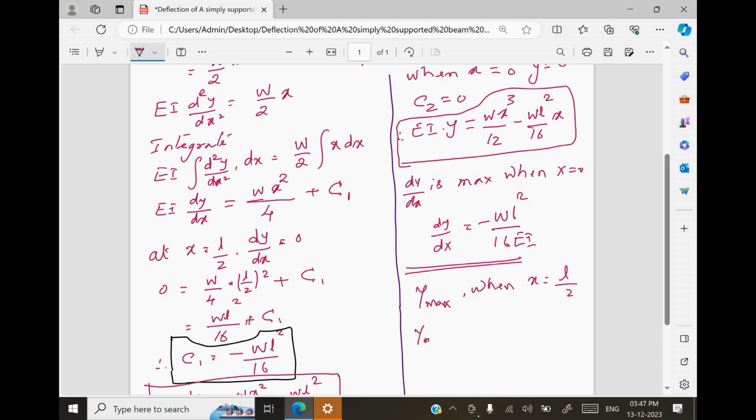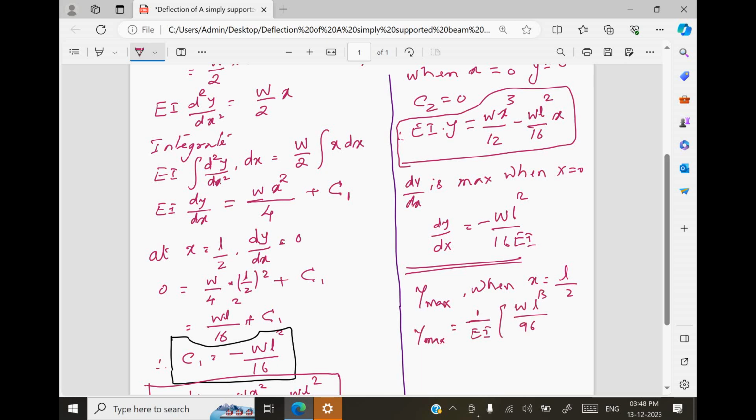So what can I write? I can write Y max is equal to minus 1 divided by EI into W, and instead of x, I will have L cube by 2 into 2 into 2, that is 8. 8 12s are 96.